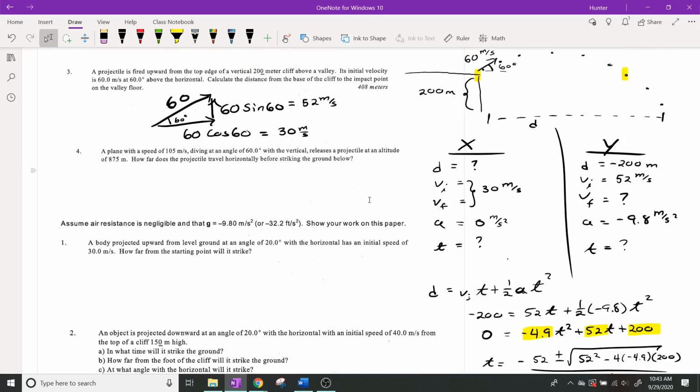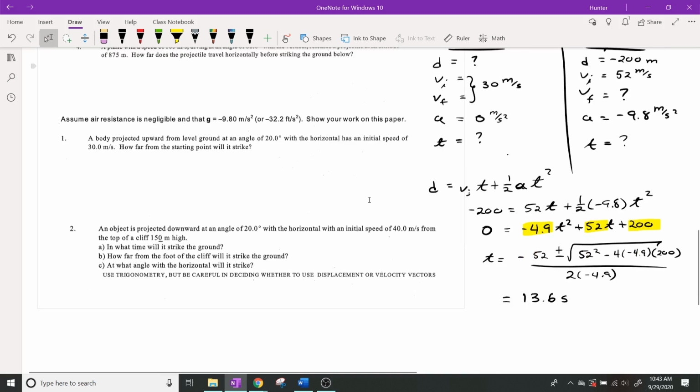We found the time. Now we need to find the distance. Okay, so we know that it's horizontal, right? So in our DVAT, we know that this is 13.6 seconds, and this is in the x direction. And time is also the same over here, so I'm just going to fill that in to be a completionist. 13.6 seconds.